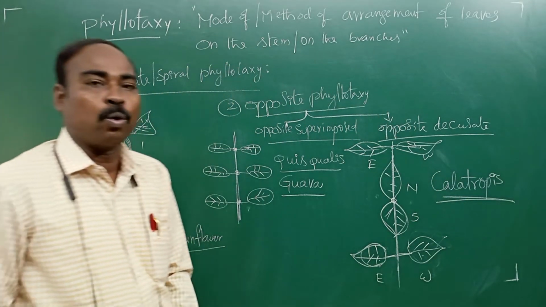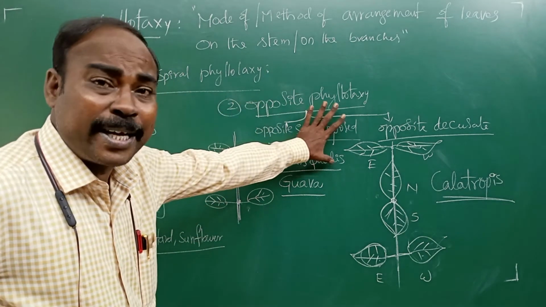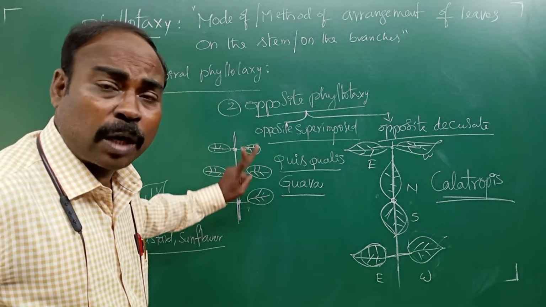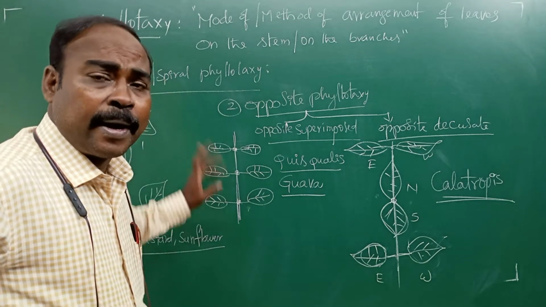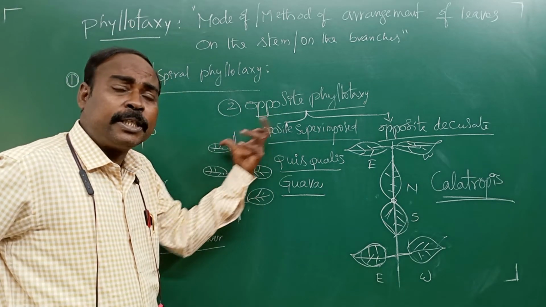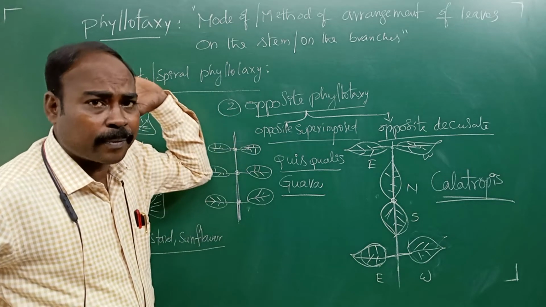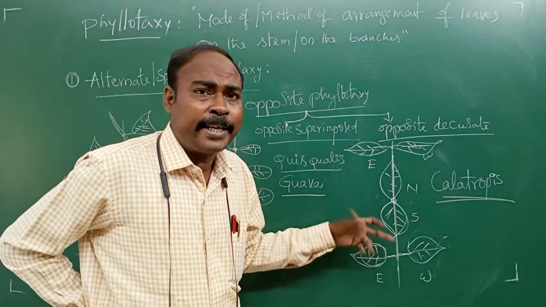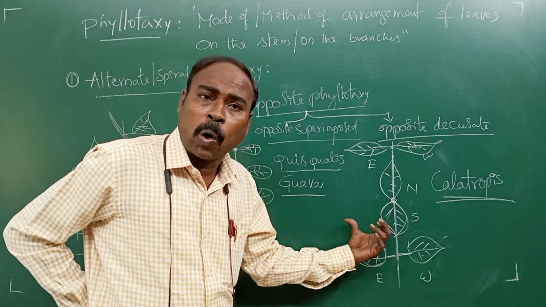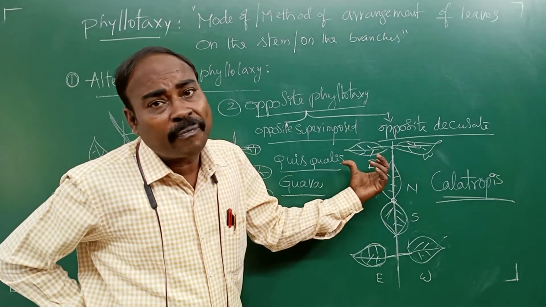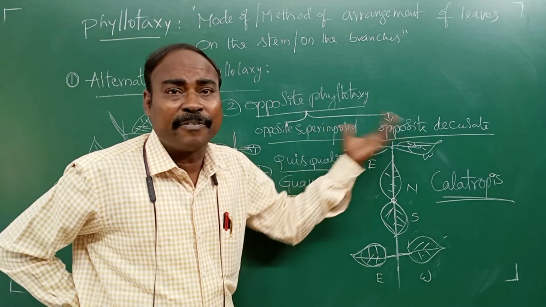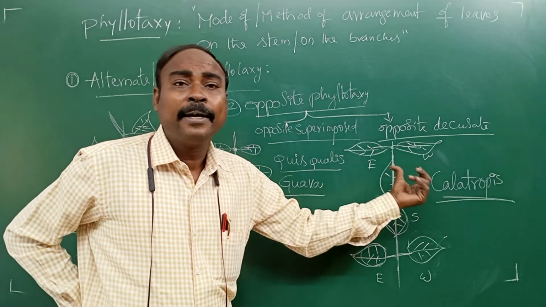So opposite means a pair of leaves is found at every node. In opposite superimposed, each pair is in the same plane as the next pair. But in opposite decussate, one pair in a node is at a right angle to the pair of the next node. That is the main difference between superimposed and decussate.